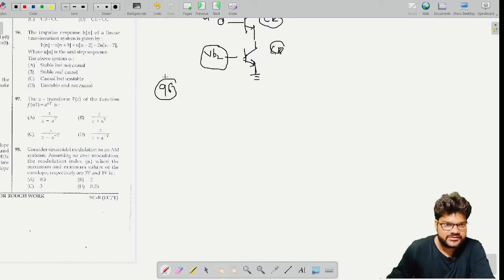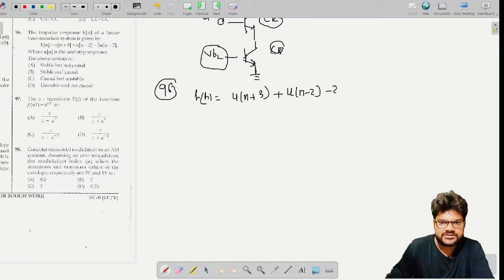So question number 96: the impulse response h[n] of an LTI system is given. So h[n] we are given: h[n] is u[n+3] + u[n-2] - 2u[n-7]. Okay.